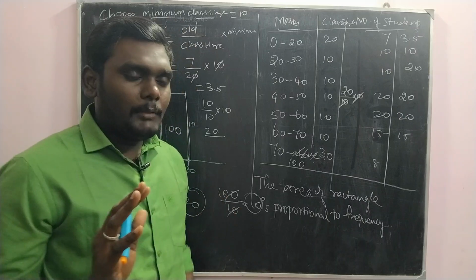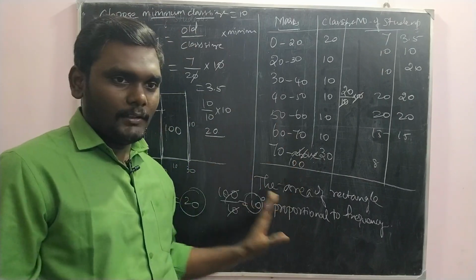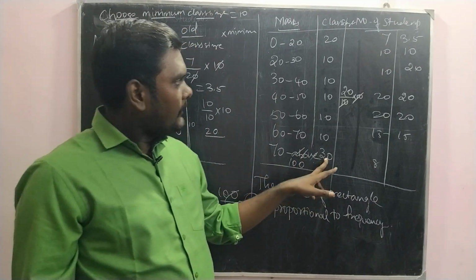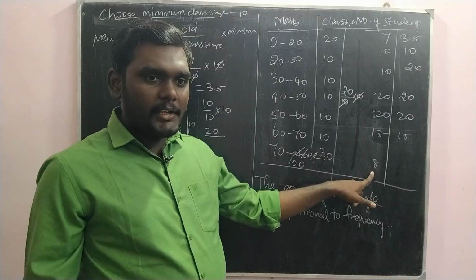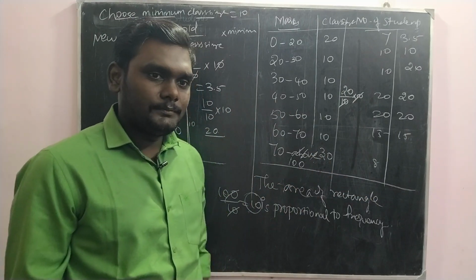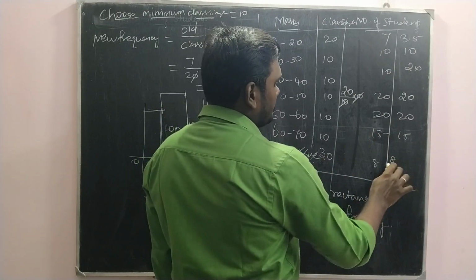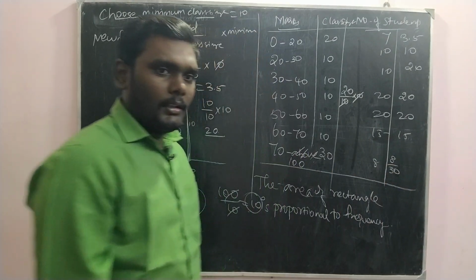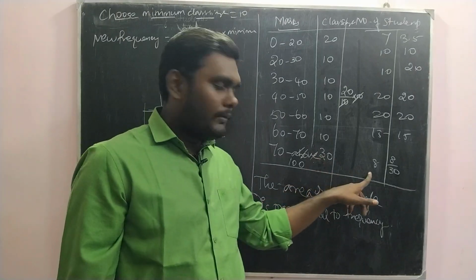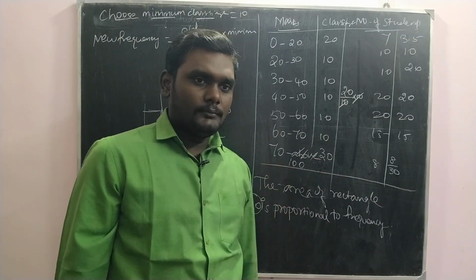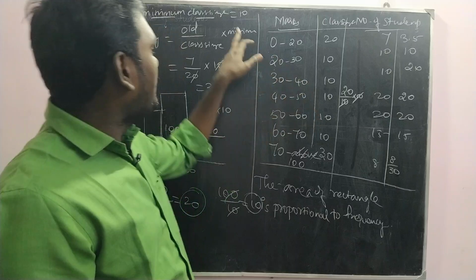How? See, let me give you another approach if you couldn't understand this. Usually, for 30 we have 8. Then for 1, how much do we have? 8 by 30, yeah. Correct? For 30 we have frequency 8. Then for 1, it's 8 by 30. What is our minimum class size? 10.